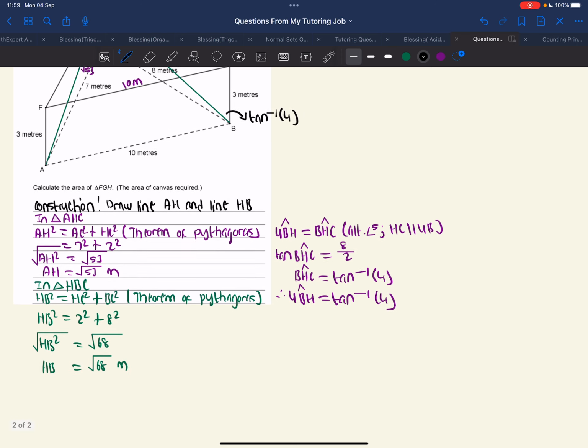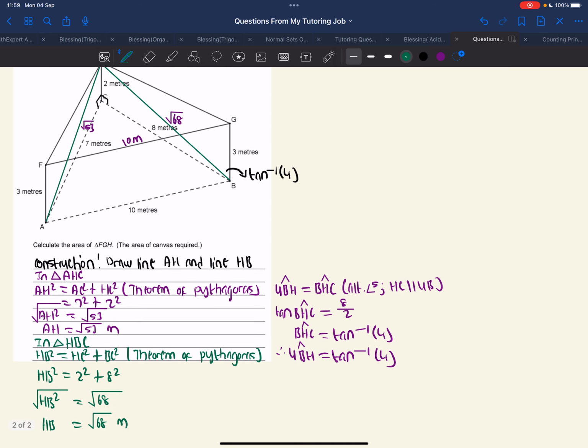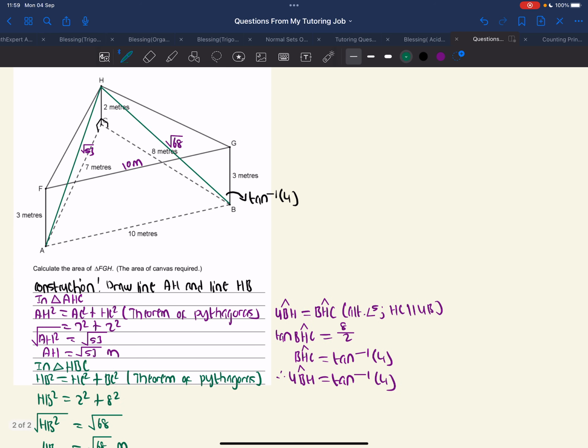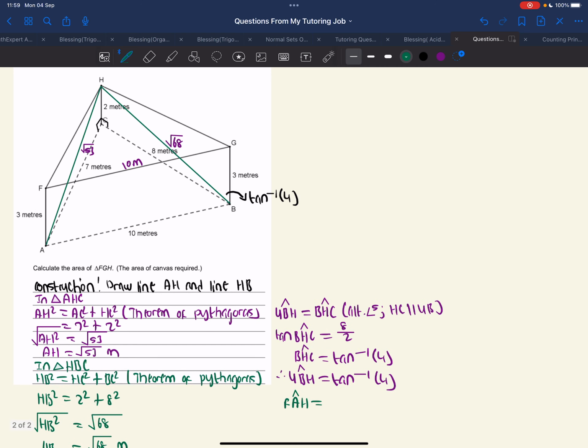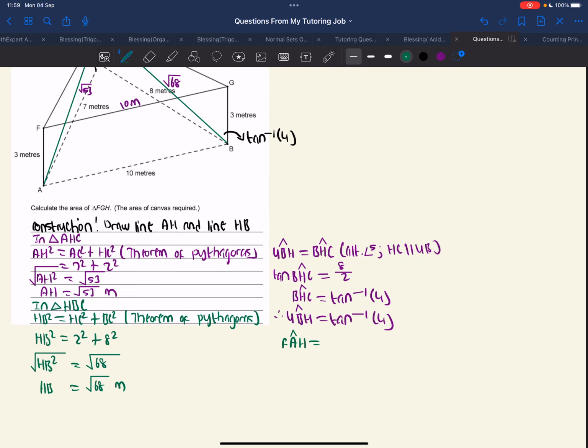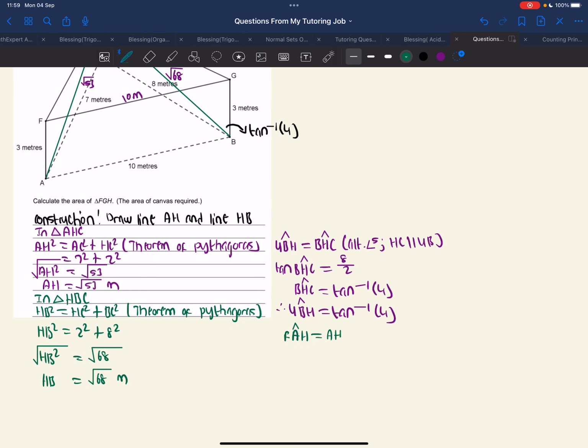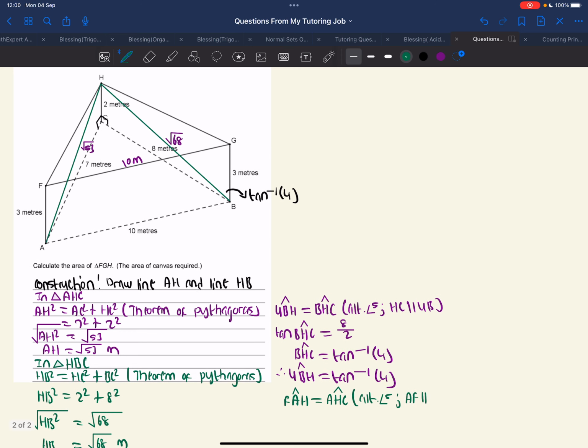Okay, now going to the green one, can you see that I told you angle FAH is equal to angle AHC? It's also alternate angles, because AF is parallel to HC.